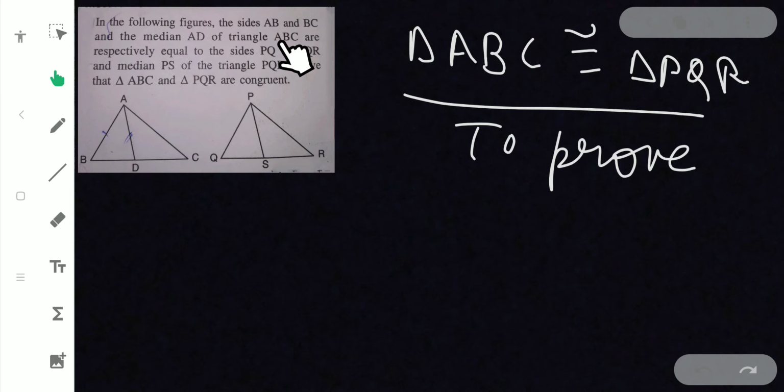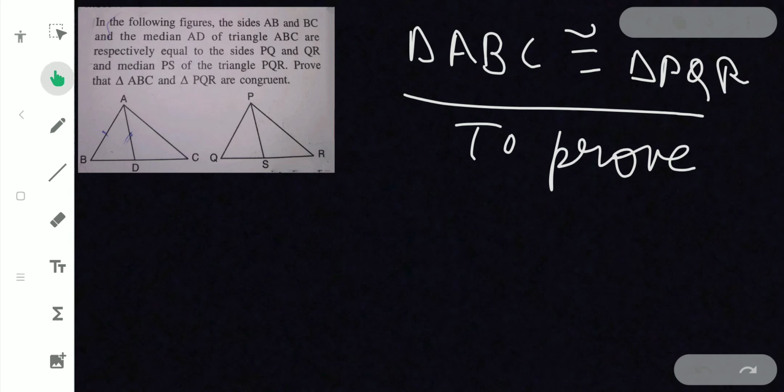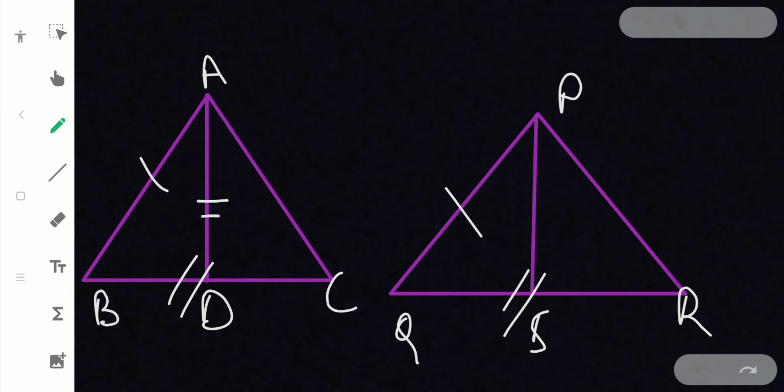It is given in the question only, and BC is equal to QR, and what else is given is medians are also equal to each other.